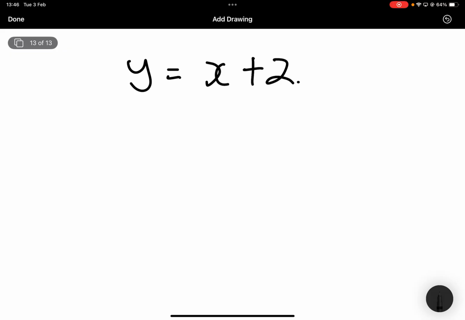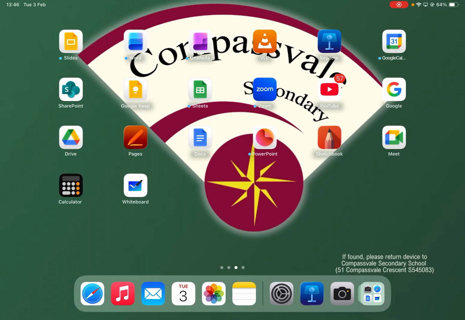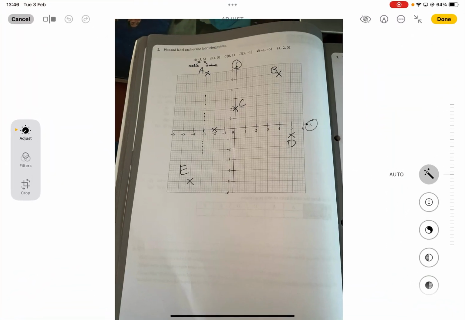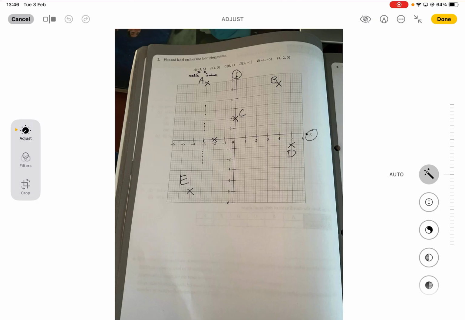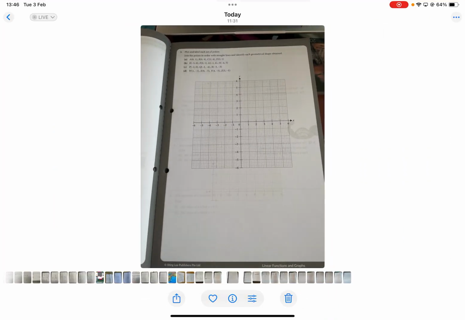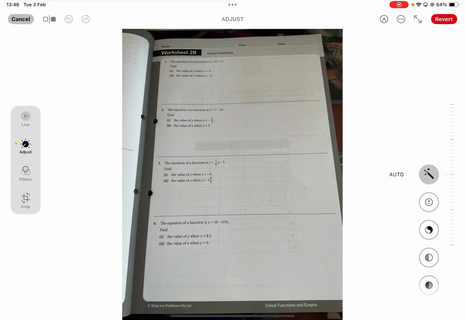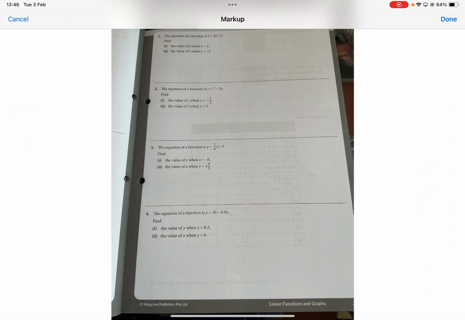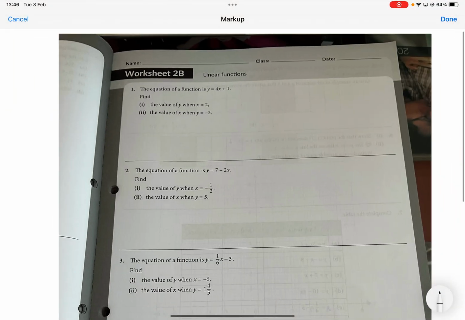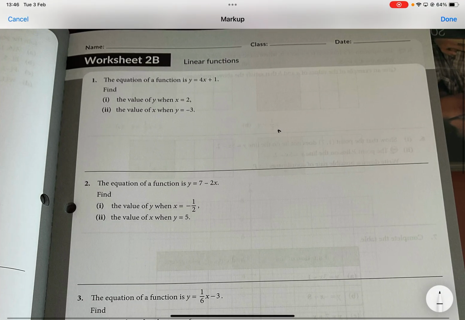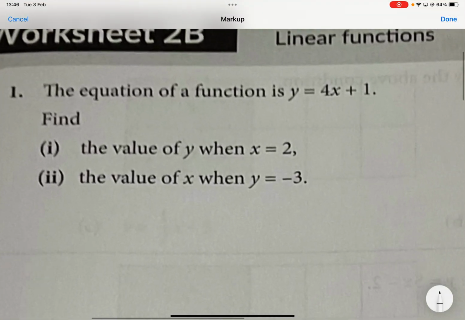Now we can go back to our workbook. Look at page 25. So similarly, they tell you the equation of a function. The equation of the function is y equals to 4x plus 1.